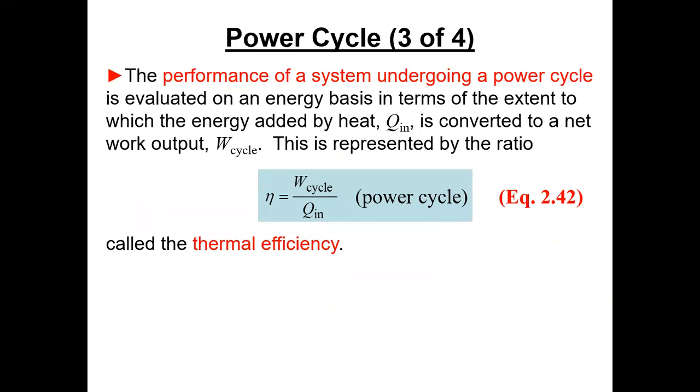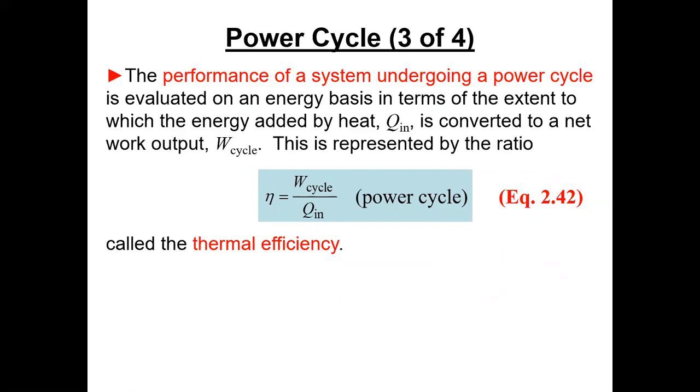Okay, then the performance of a system undergoing a power cycle is evaluated in terms of the extent to which energy added by Qn is converted to a net work output. So in other words, it's a typical efficiency: the desired output divided by the costly input.